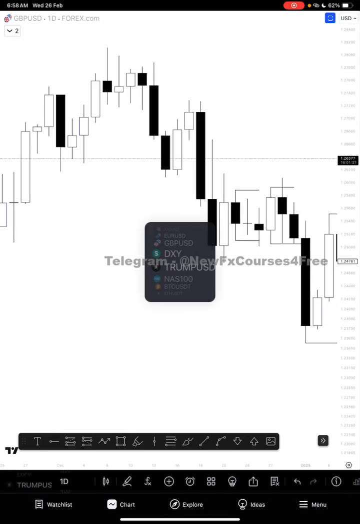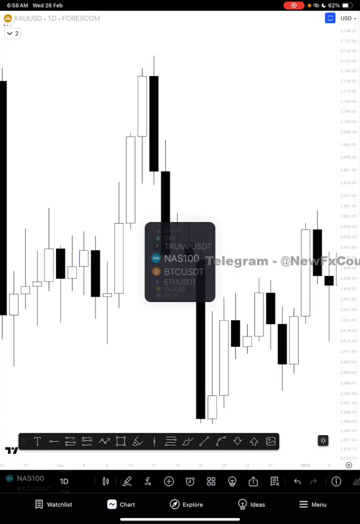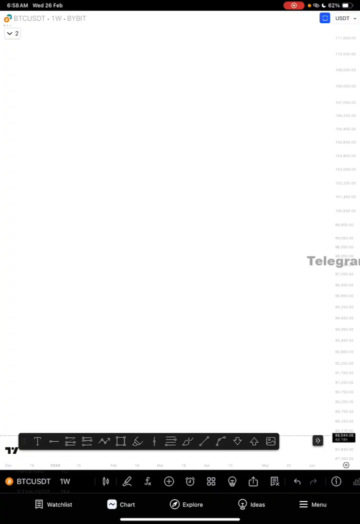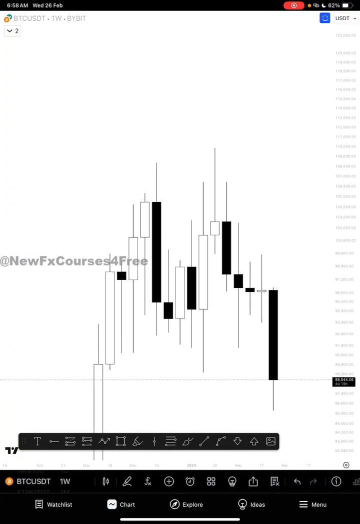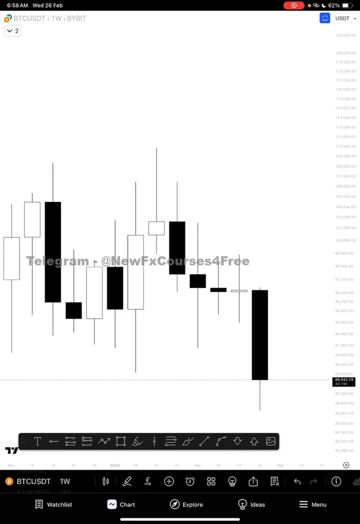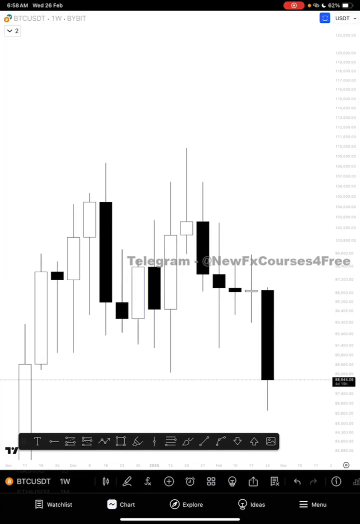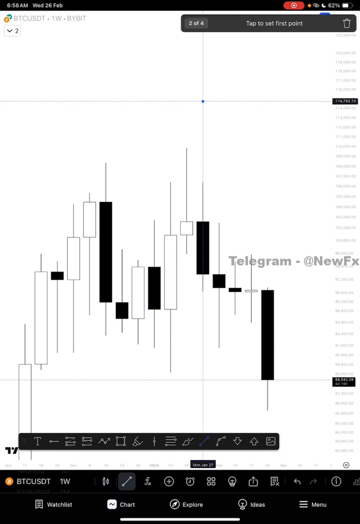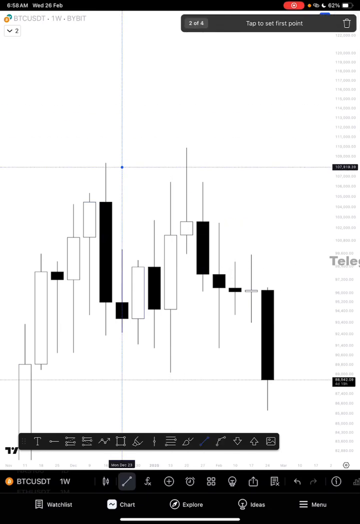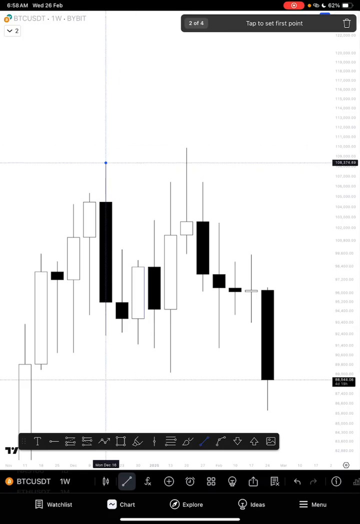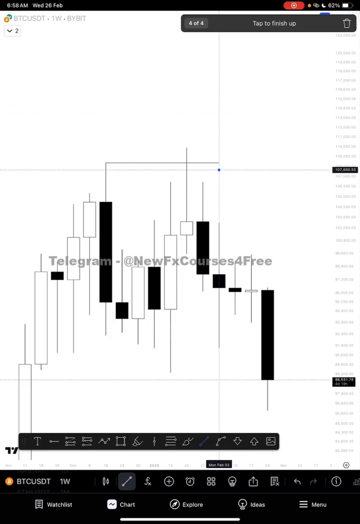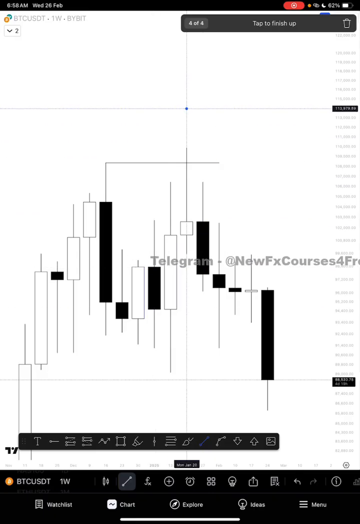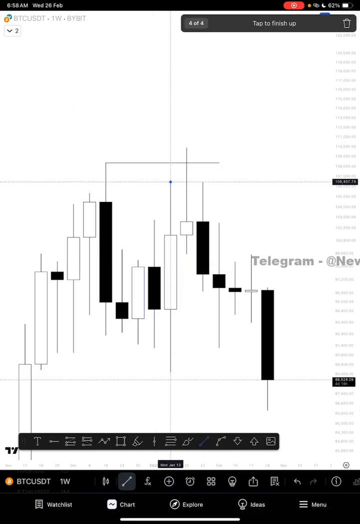So here on BTC USDT, I'll be talking about the weekly bias. So let me start from the peak, which is this here. So we actually swept this high. Then we closed back in below this range.